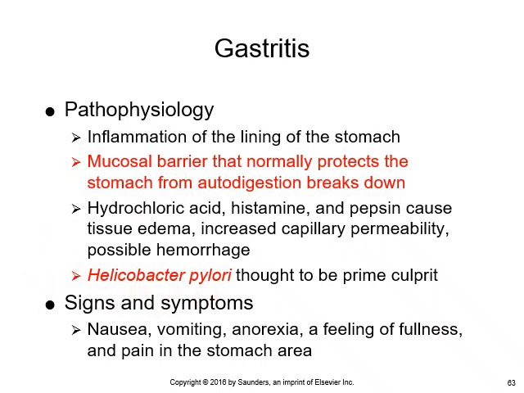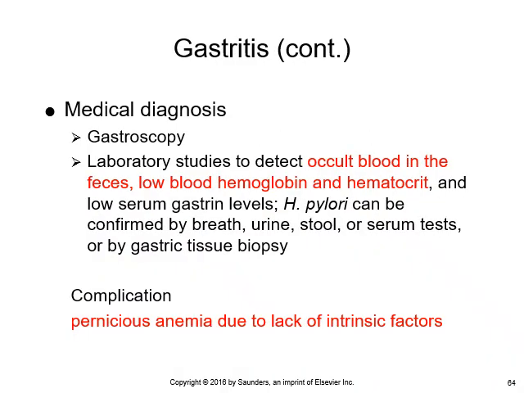Signs and symptoms would be nausea, vomiting, anorexia, a feeling of fullness, and pain in the stomach area. To diagnose, we would do gastroscopy and then laboratory studies to detect occult blood. Then the patient will be checked for H. pylori, and this could be done by breath, urine, stool, or blood tests.